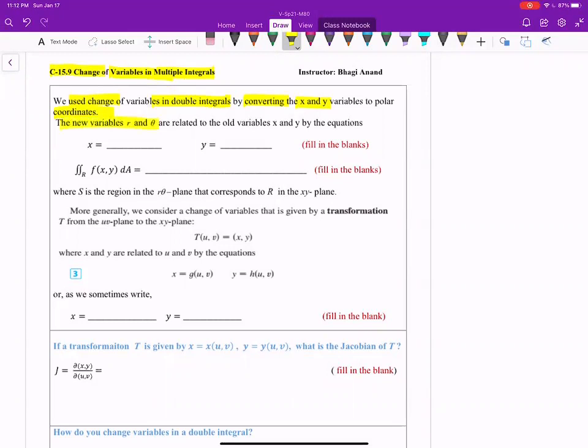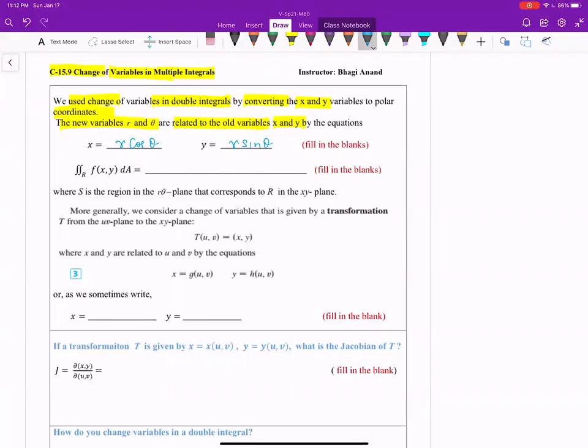The new variables r and theta, when we refer to polar coordinates, are related to the old variables x and y by the equations x equal to r cosine theta and y equal to r sine theta.